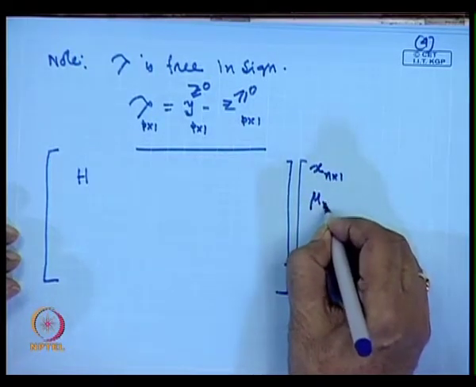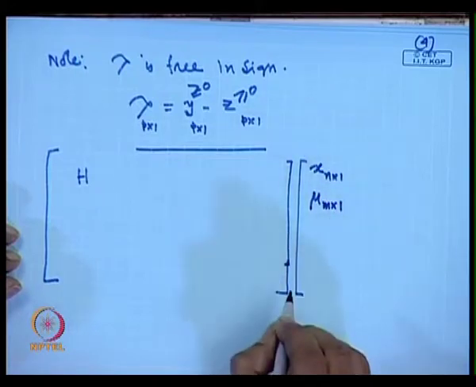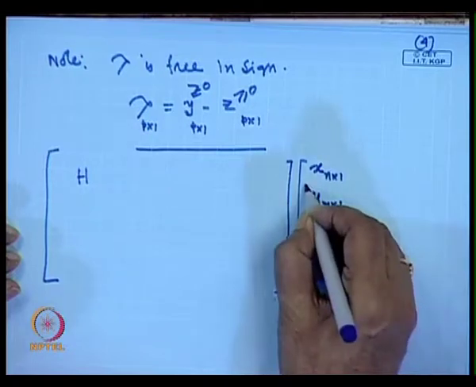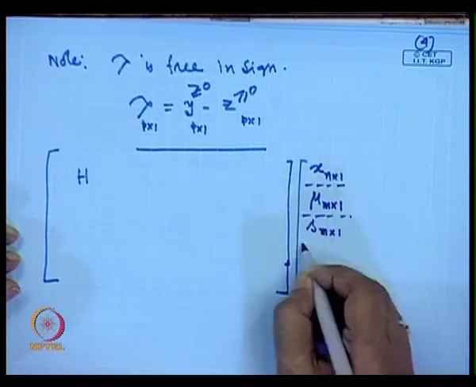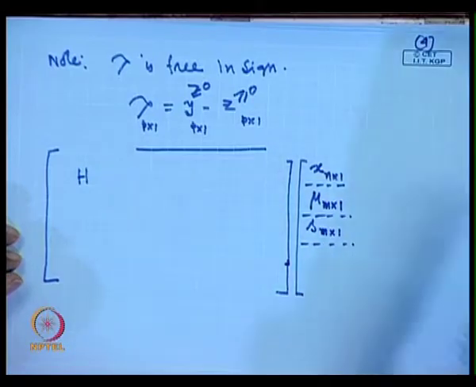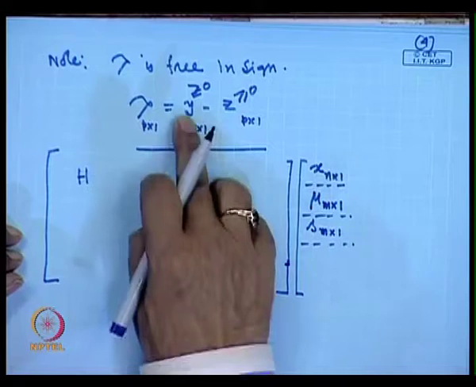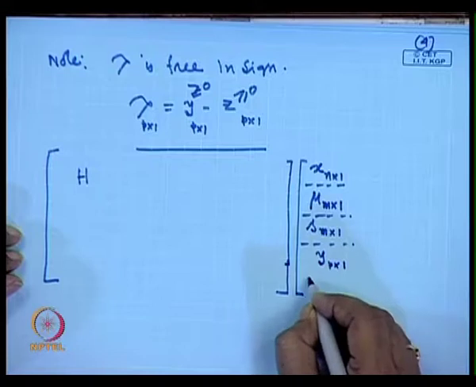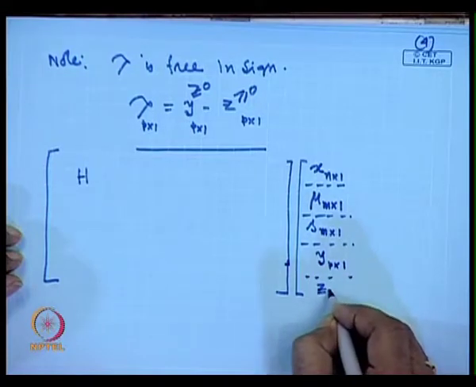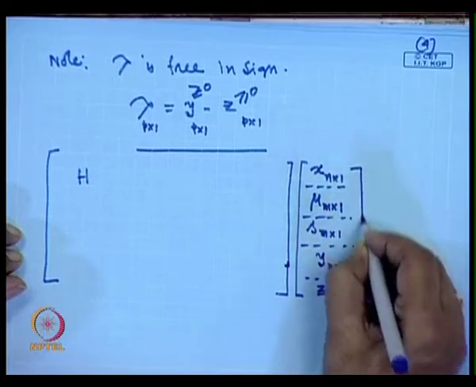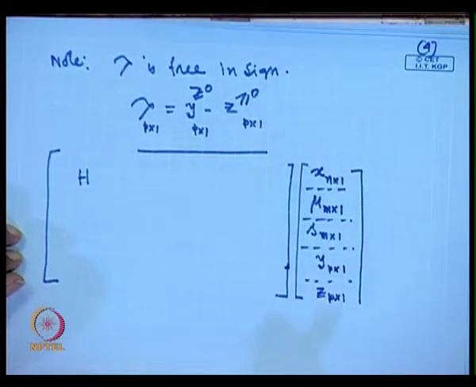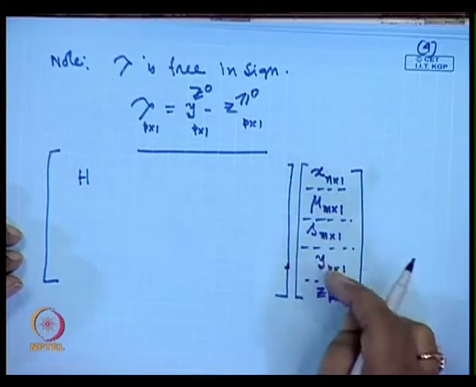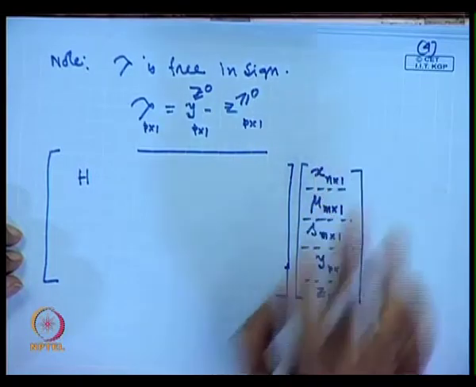Then I will write S. S is a vector whose dimension is also m cross 1. So, I will just partition. Then I will write our lambda. Lambda has two parts, y and z. So, y I am writing, this dimension is m cross 1, then another is z, p cross 1. So, these are all our unknown variables. How many unknown variables are there? n plus m plus m, that is n plus twice m plus twice p. These are the unknown variables.